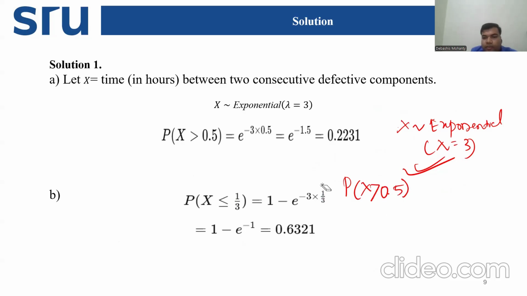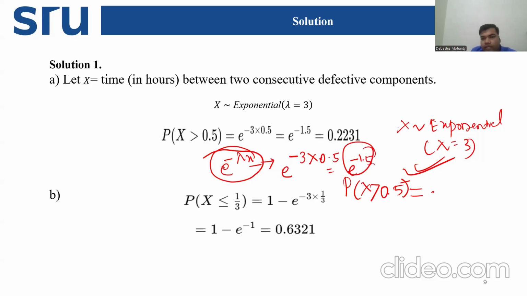What is the formula? e to the power minus lambda x, whenever the time exceeds the waiting period. So e to the power minus lambda value 3 multiplied by x value 0.5. So that is e raised to the power minus 1.5, and this value is 0.2231.